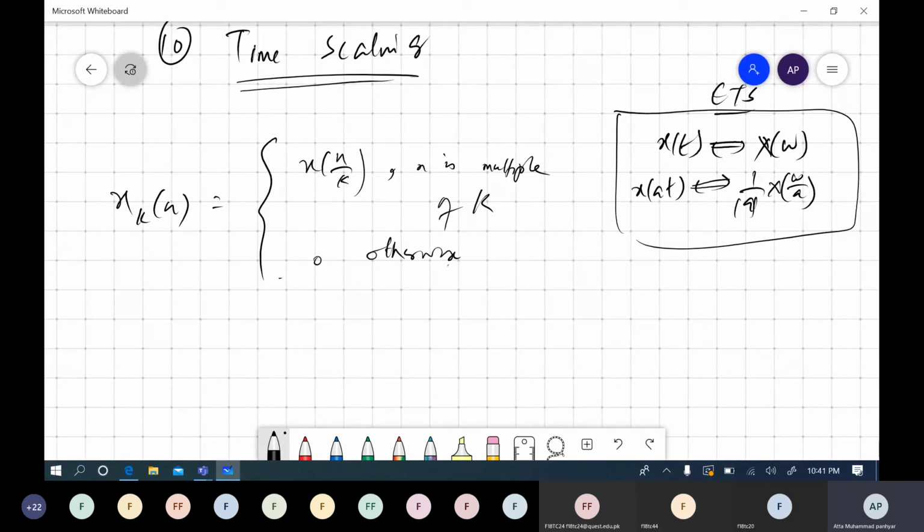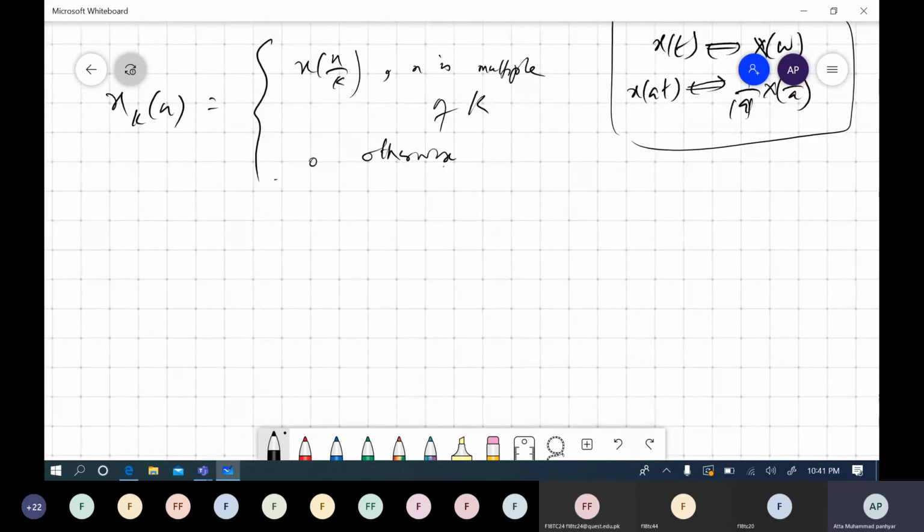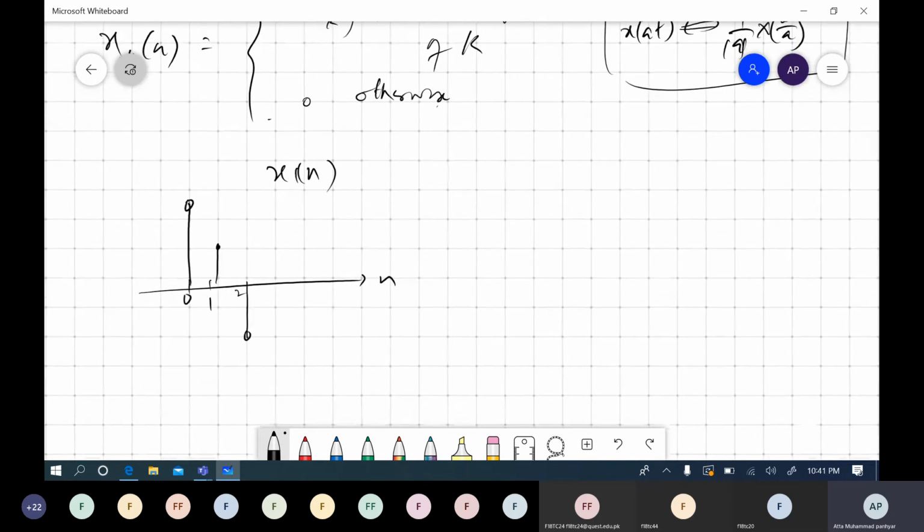So what does this mean? For example, if we have a signal x of n, at the 0th sample it has some value. We can assume any value, right? At 0, at 1 this signal is, for example, 2 and this is 1. At the second index it is, for example, negative, right?